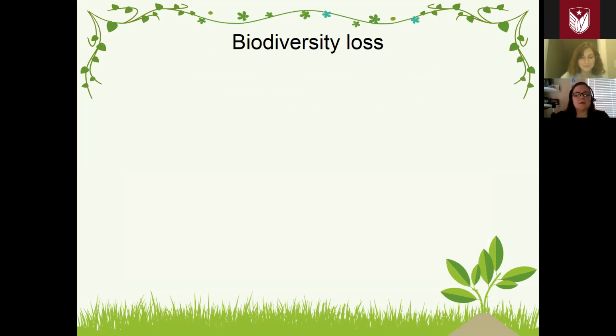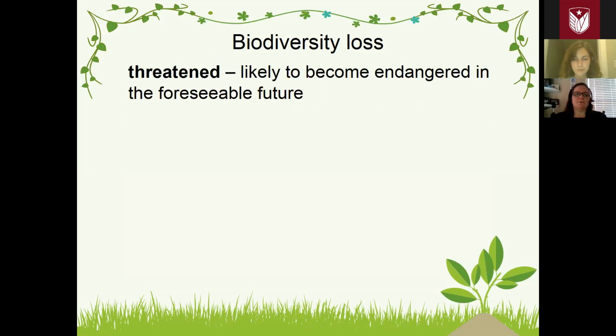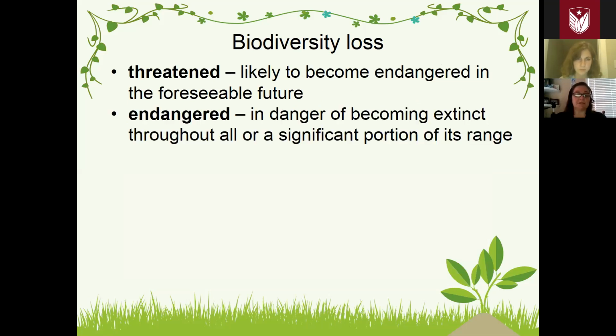Okay. So when I talk about biodiversity loss, if there's a threat to biodiversity, biodiversity can be lost by the way that we categorize species. They can be threatened, meaning they're likely to become endangered. They can be endangered, meaning they're in danger of becoming extinct, or they can be extinct.